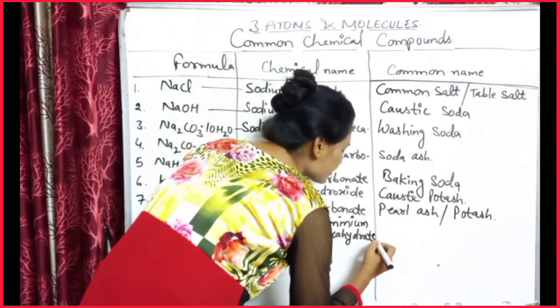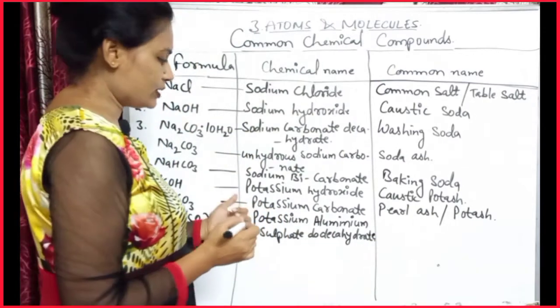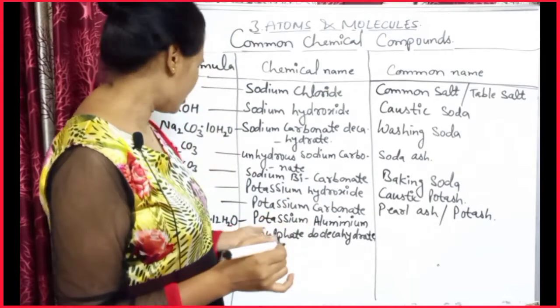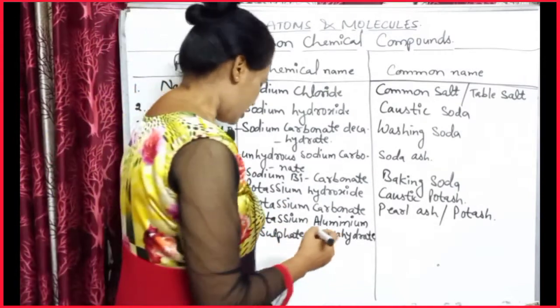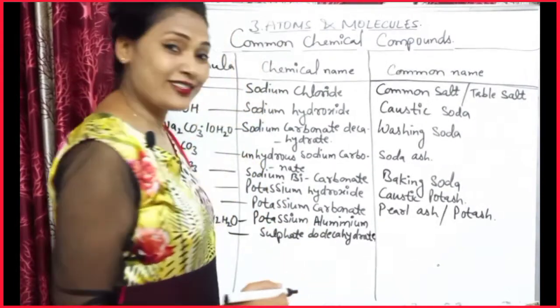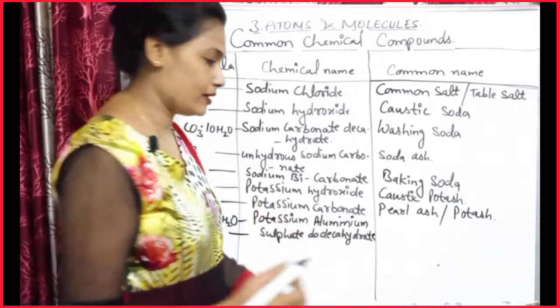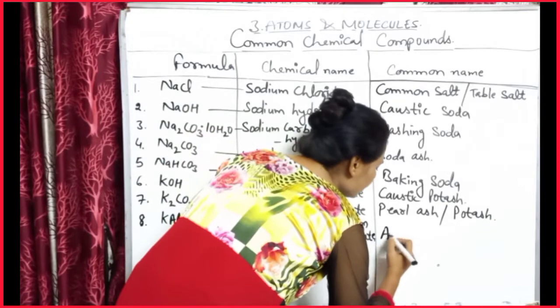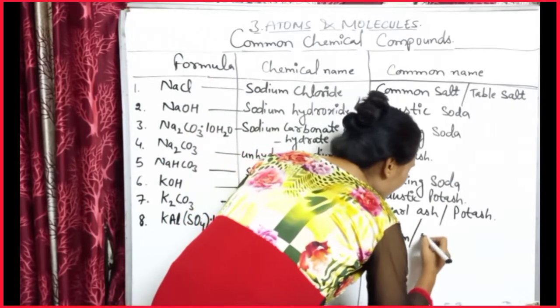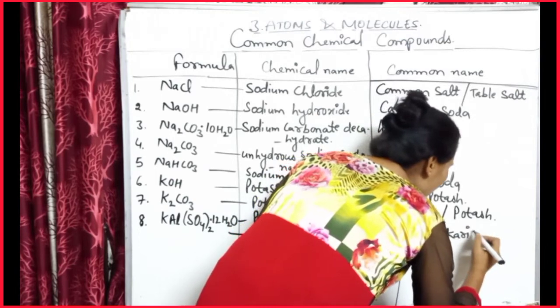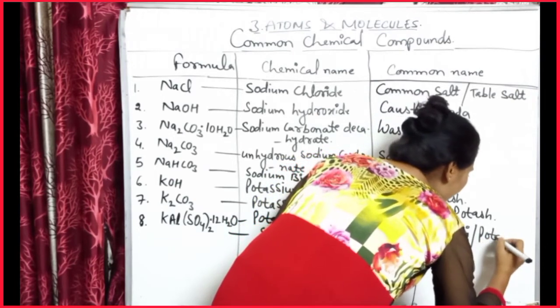So it is also in crystalline form. Those substances which contain water molecules are present in crystalline form, so this is also crystalline. Its common name is potash alum, fitkari, or alum.